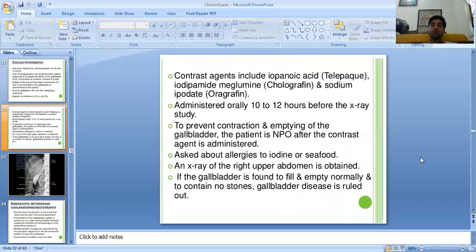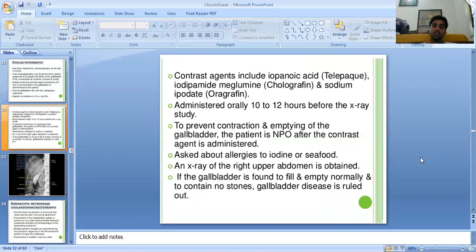Contrast agents include iopanoic acid, iodipamide, meglumine, and sodium ipodate, administered orally 10 to 12 hours before the X-ray study. To prevent contraction and emptying of the gallbladder, the patient is kept nil by mouth after the contrast agent is administered.